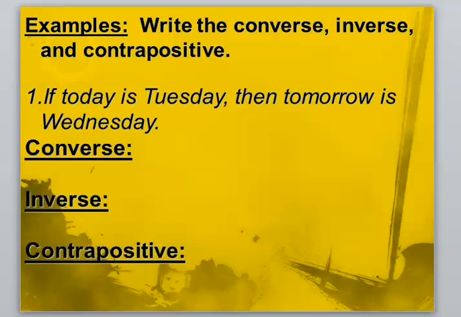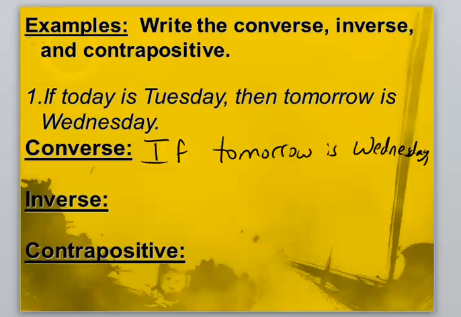The converse of this, we're going to flip-flop. We're going to switch the hypothesis and the conclusion. So if tomorrow is Wednesday, then today is Tuesday. And make sure you keep the words that are there. Don't change it. The inverse goes back to our first conditional statement, and it negates both parts but keeps the order.